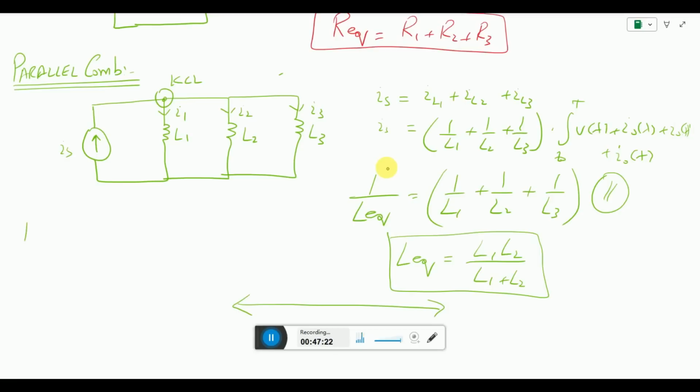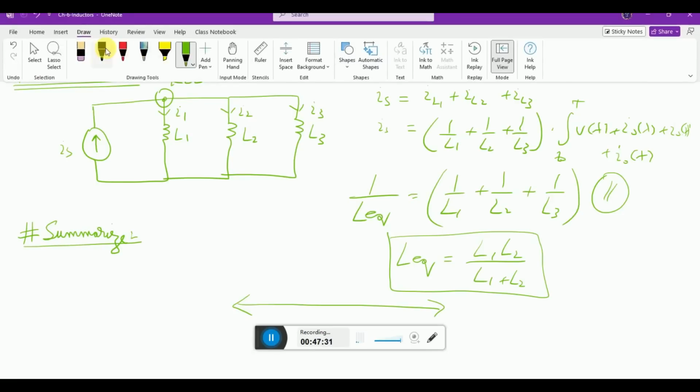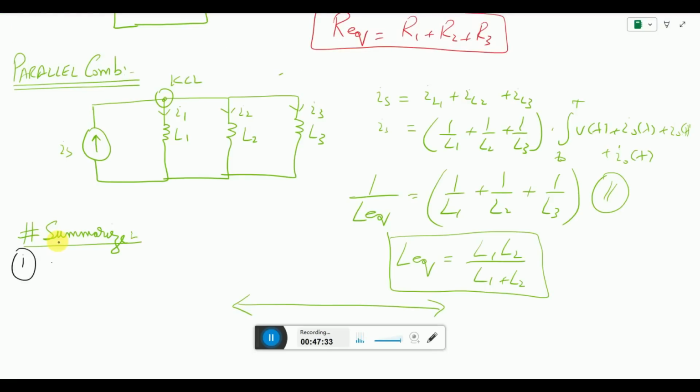If I summarize the points that we have studied for inductors: the first point is that an inductor is represented by the symbol L and its unit is Henry.